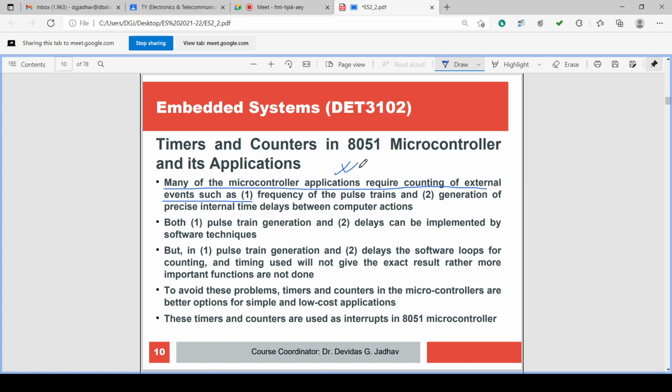What is this counting? External object counting, for example, if we have a conveyor belt and a number of boxes are moving on it. After manufacturing, the boxes are moving into the store.